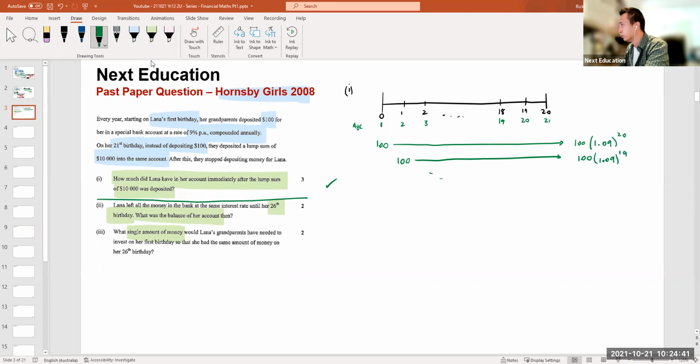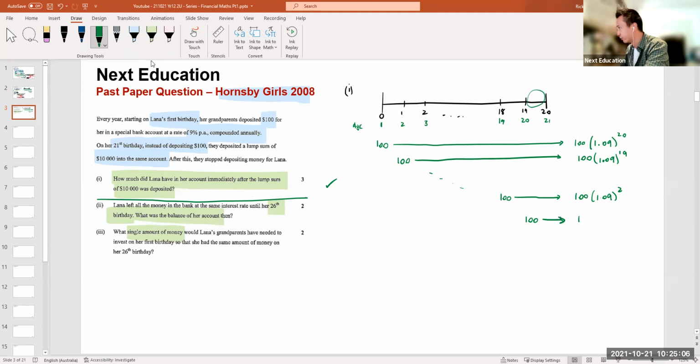When she's 19, they put in $100, and that gets 2 years of compounding, just like we did before. When she's 20 years old, they put in the last $100 amount.